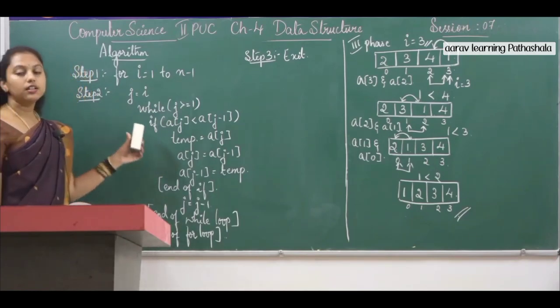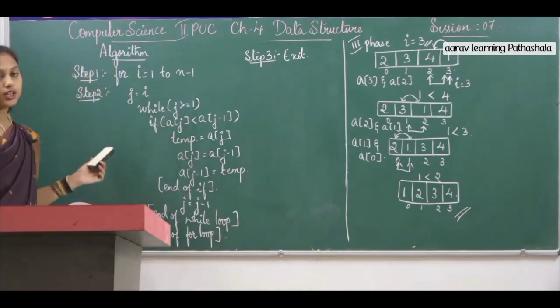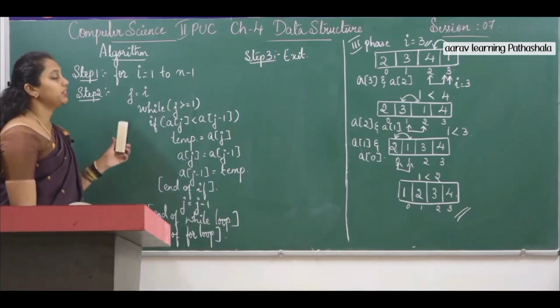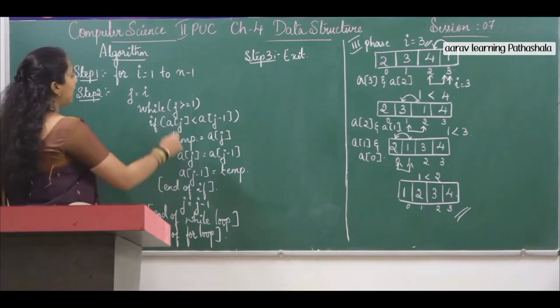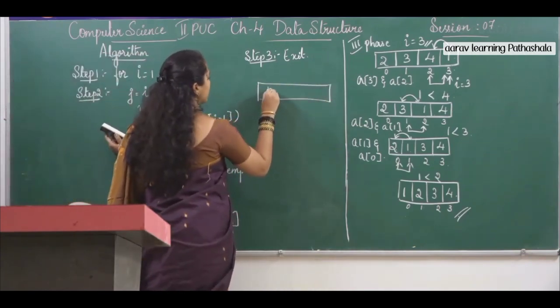A is the array with n unsorted elements. So the comparison starts from the first position.